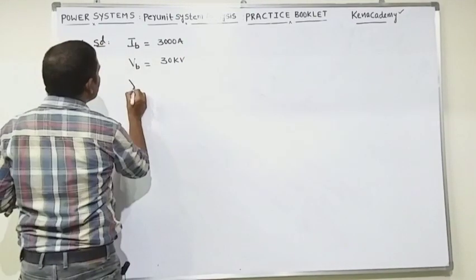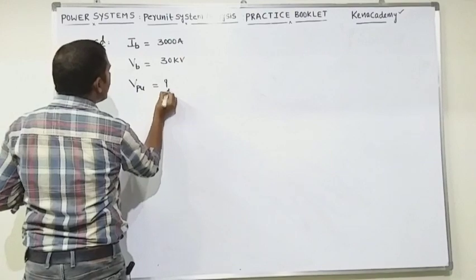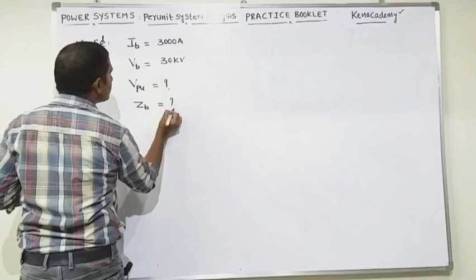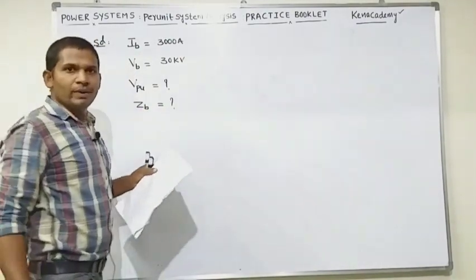Base current given is 3000 amperes, base voltage given is 30 kV. You want to find per unit voltage and base impedance.